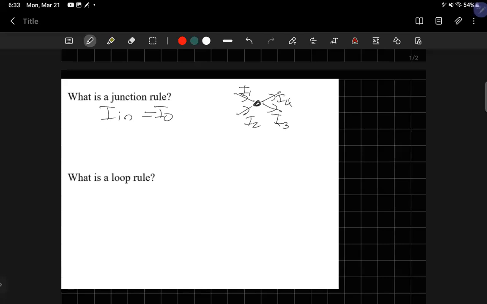The sum of my currents going into the junction should be equivalent to the current going out. I'll probably just write it like this, I in equals I out.